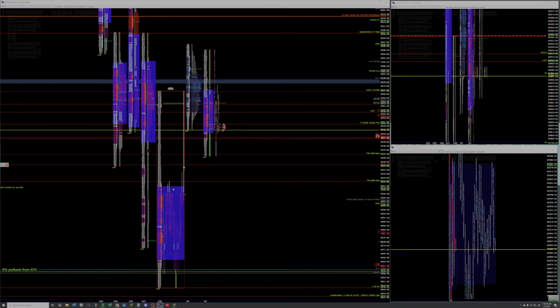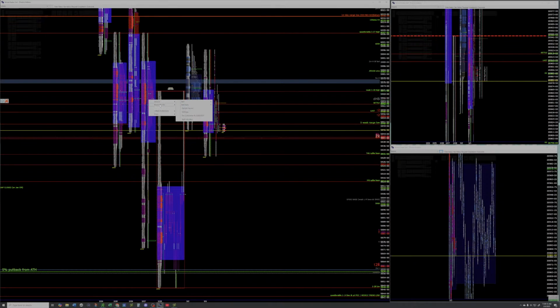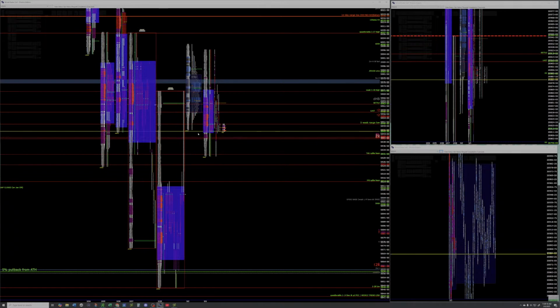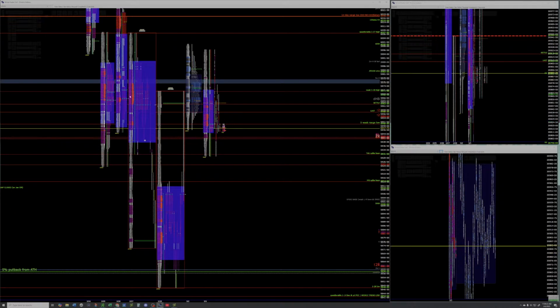Remember, that was odds based, right? I never expected this market breaking out of this range on Thursday, just before PCE.